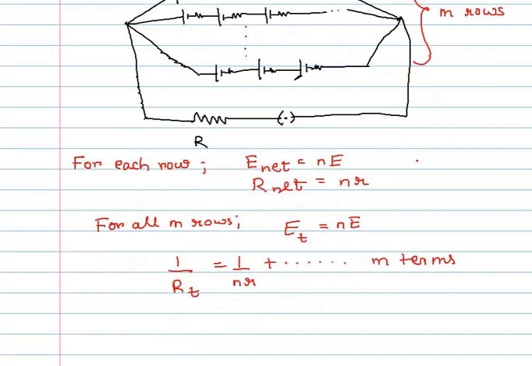So here you see that the resistance of this entire battery turns out to be n into r by m. So this is the resistance of the entire battery. So total resistance R total will be nr by m plus the external resistance in the circuit R.